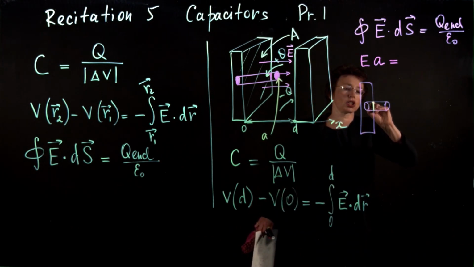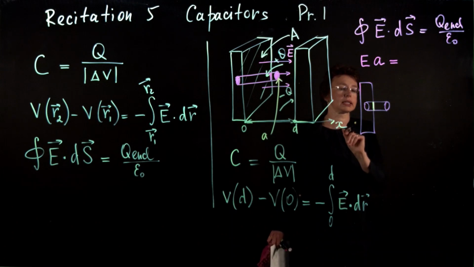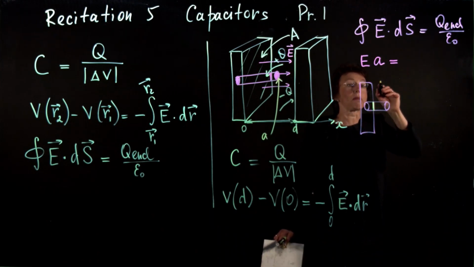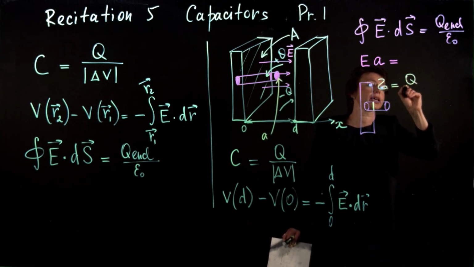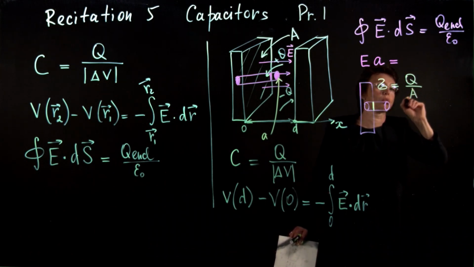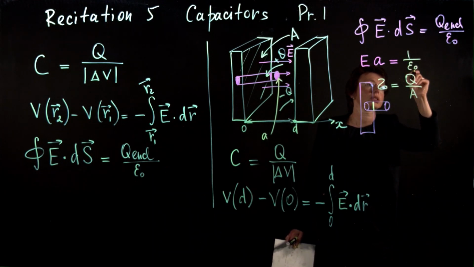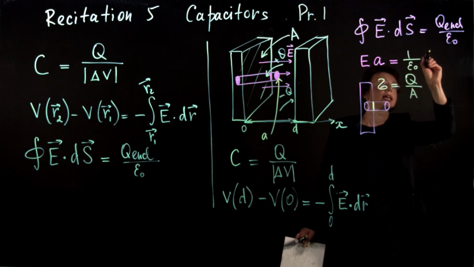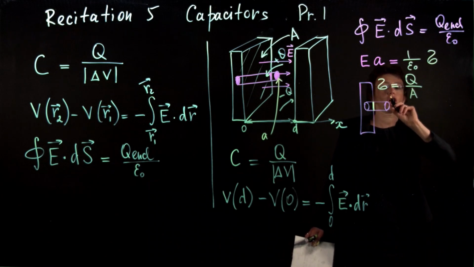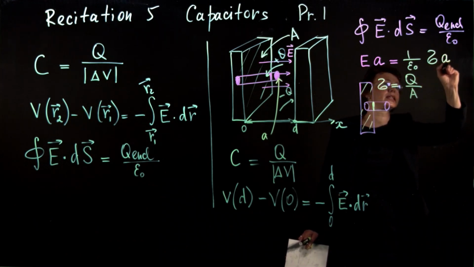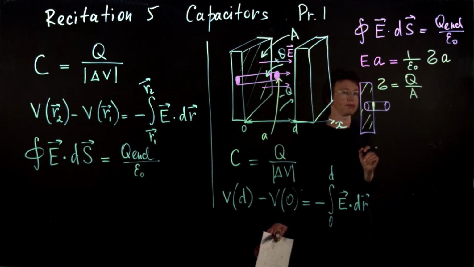That charge is sigma, charge per unit area, which in my case is Q over A. So it is 1 over epsilon naught times sigma, the charge per unit area for the whole plate, times the area enclosed by the cylinder, which is A.